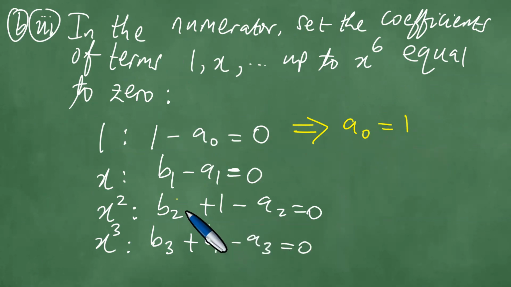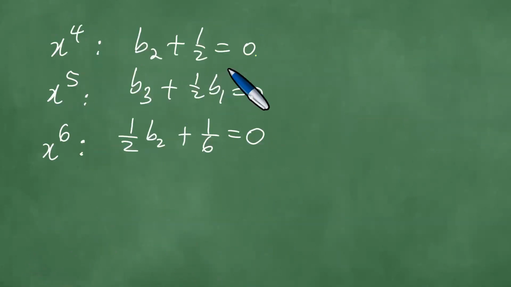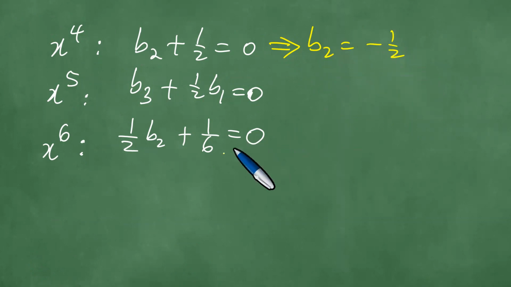It's 1. B1 is A1, not very useful here. Here you can find that B2, for example, equals minus 1/2.